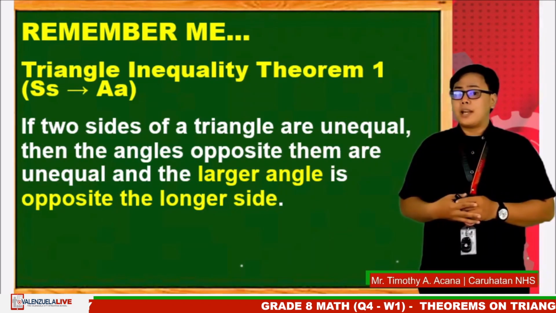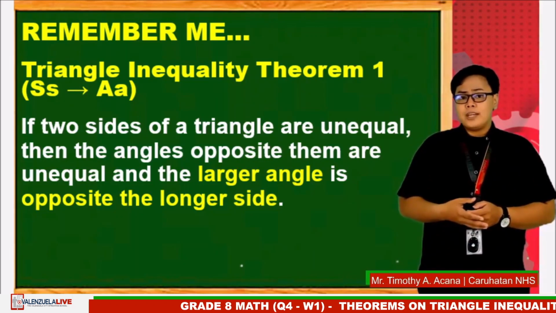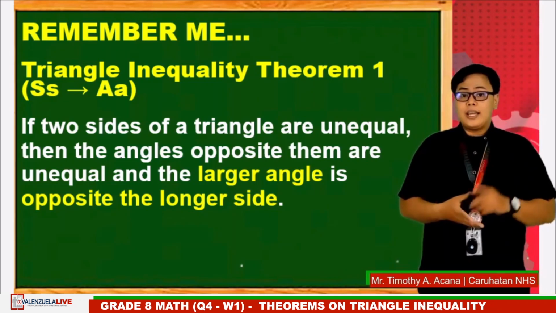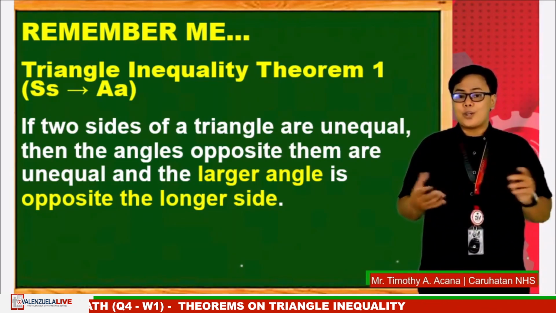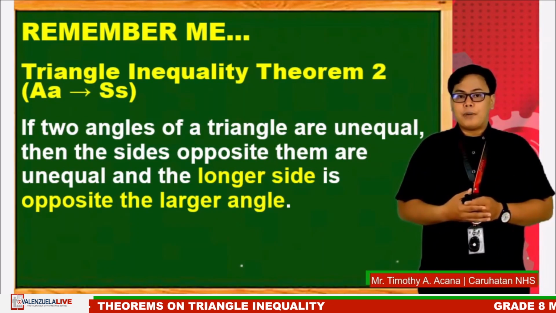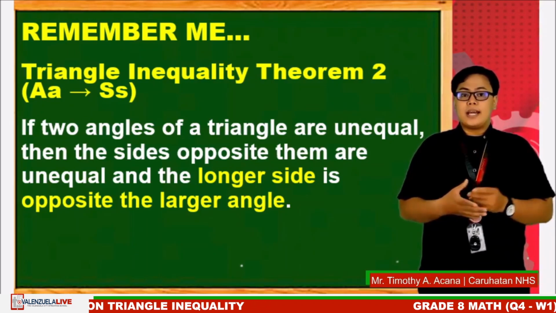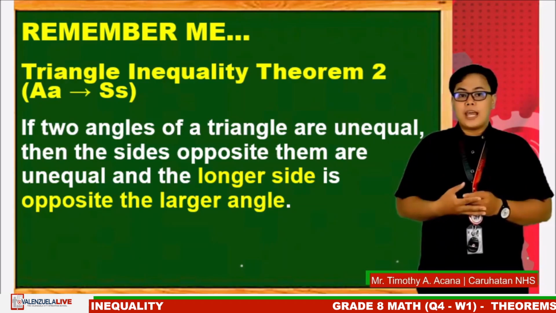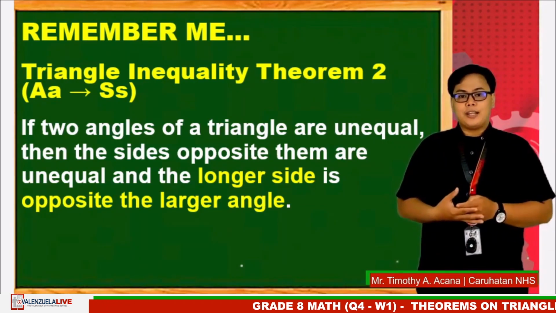In triangle inequality theorem number 1, which is about the side to angle relationship, it states that if two sides of a triangle are unequal, then the angles opposite them are unequal and the larger angle is opposite the longer side. Triangle inequality theorem number 2, which is about the angle to side relationship, states that if two angles of a triangle are unequal, then the sides opposite them are unequal and the longer side is opposite the larger angle.